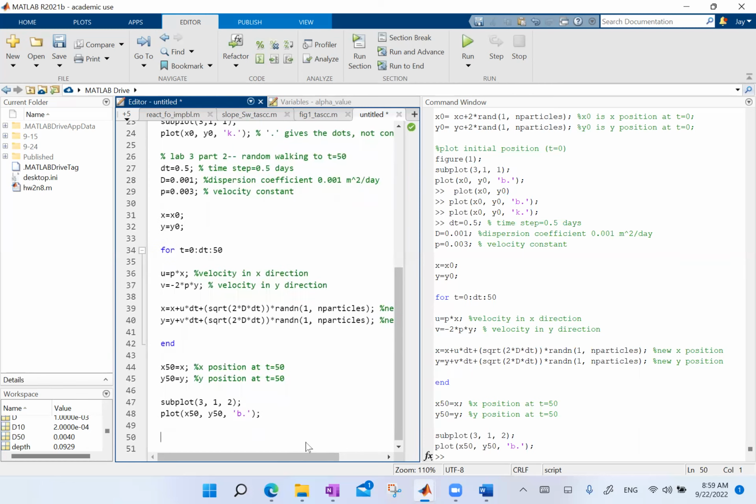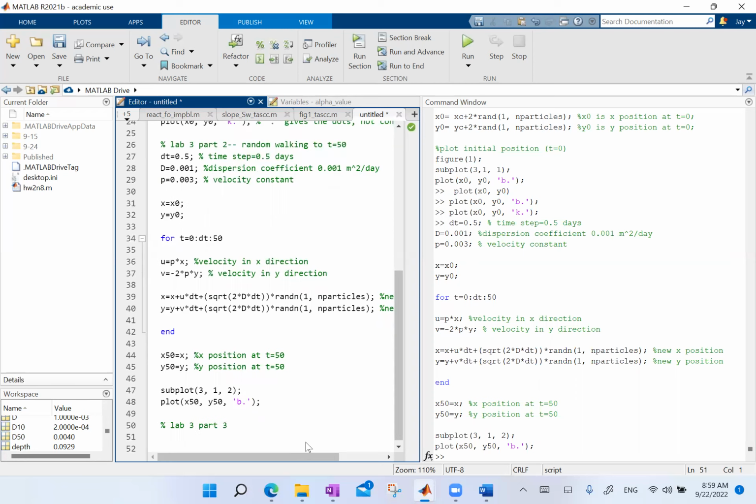For the next part, so let's say lab 3, part 3. What we want is to basically take the same particles, the same setup we already got at x50, y50, and continue this, generating more distributions from t equals 50 to t equals 100.